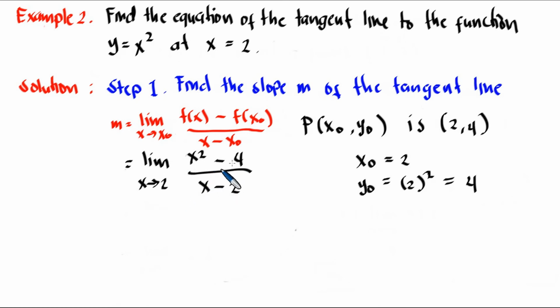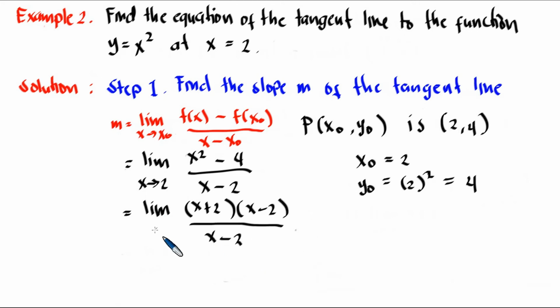So we know that x squared minus 4 is the difference of two squares. That means we can rewrite this as the limit of x plus 2 times x minus 2, all over x minus 2, as x approaches 2.